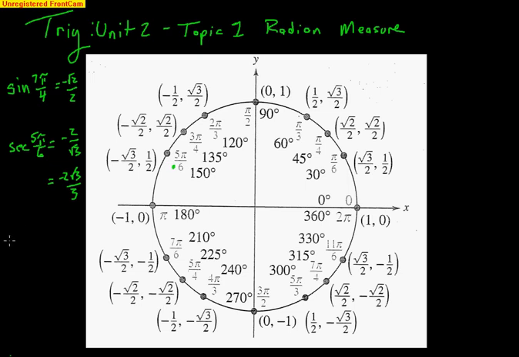We could then ask you some advanced questions like what is cosine of 21 fourths pi? Now notice 21 fourths pi is not on here, but because it is coterminal with an angle on this unit circle, my suggestion would be to take a calculator and type in parentheses 21 fourths. Do not put the pi, because then you won't be able to convert it back to a fraction with pi, because it's going to be irrational.